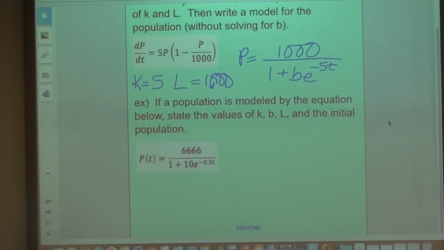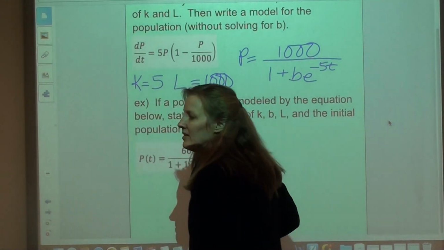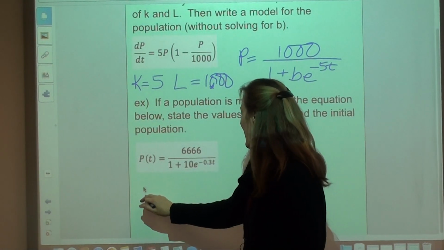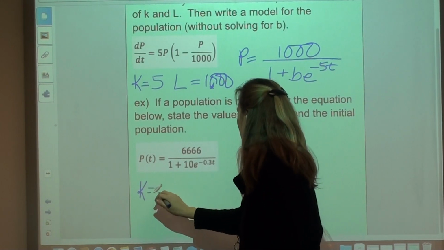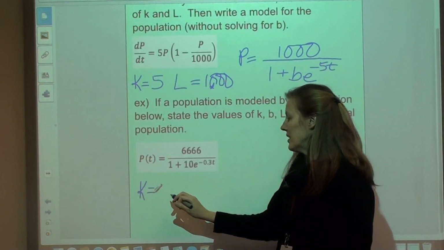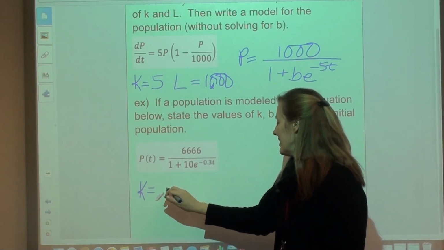The initial is when t is 0. I see. So 6, 6, 6, 6, divided by 7.